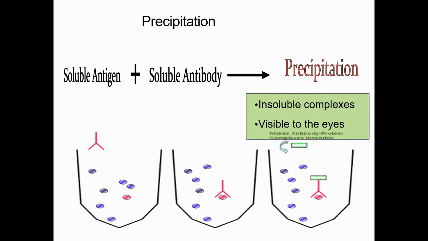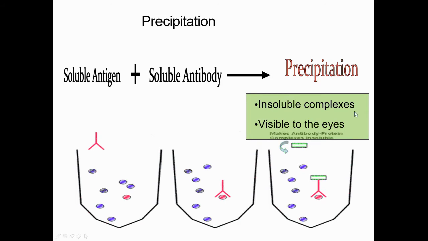After the zone of equivalence, they form a large lattice. I hope you know about the lattice. When this precipitation takes place in a gel medium, the reaction is visible as a distinct band of precipitation.